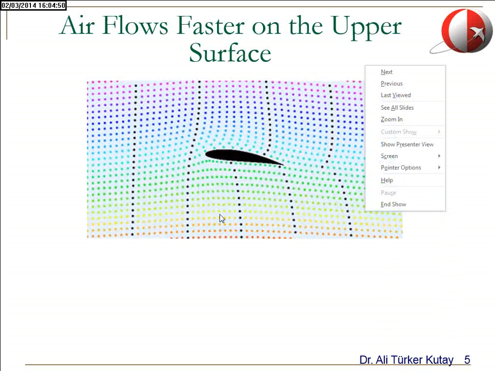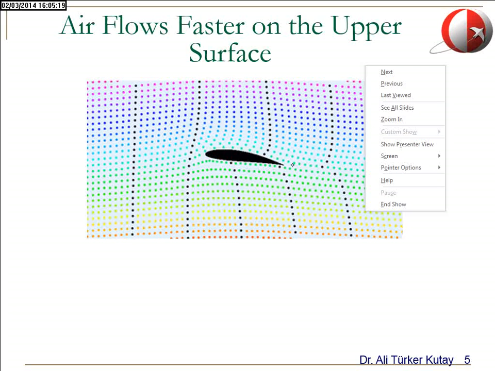Now let me stop the video again, and let's say that each one of these dots contains a certain amount of air molecules. Let's count the number of air molecules on the upper surface and on the lower surface. Unfortunately I cannot use my pointer while the animation is stopped, so I'm just going to count the dots on the lower surface: 1, 2, 3, 4, 5, 6, 7, 8, 9, 10, 11, 12, 13, 14, 15, 16, 17, 18.